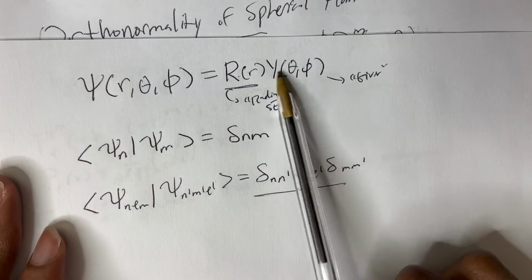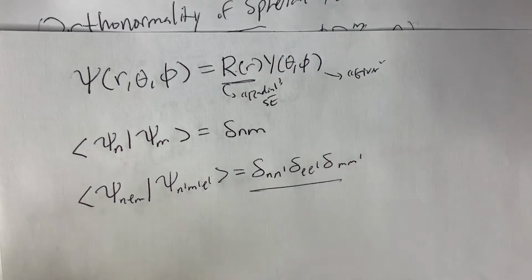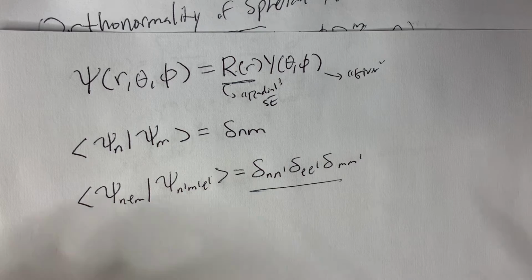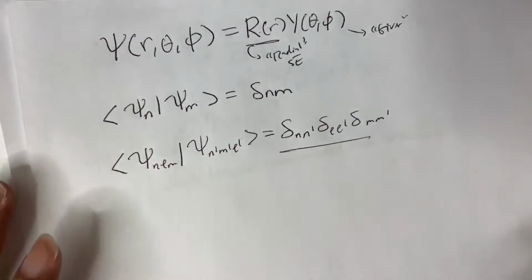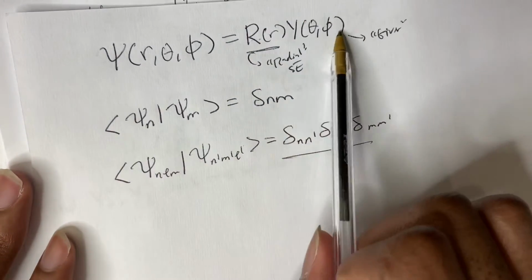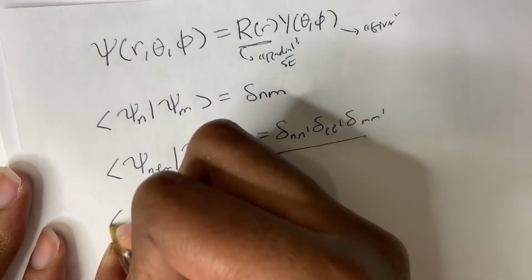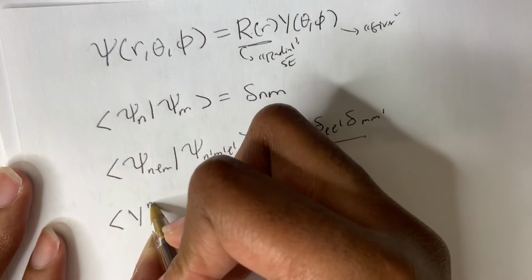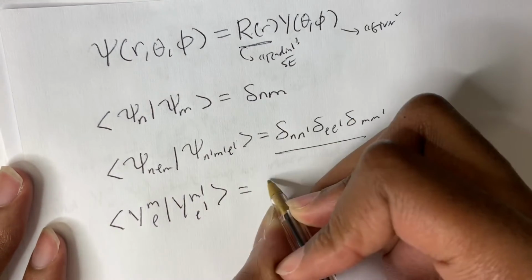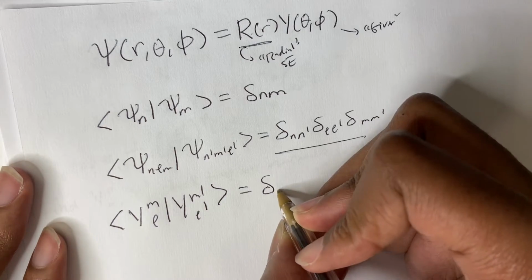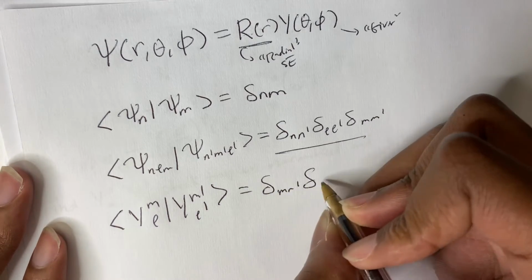Since if one of these weren't orthonormal, then if you were to take a dot product of the total wave function with another state, you wouldn't get 1 if they're the same and 0 if they differ. So each one has to be orthonormal as well. So orthonormality of the spherical harmonics means that Y of l m dotted with Y of l prime m prime equals delta of m m prime and delta of l l prime.